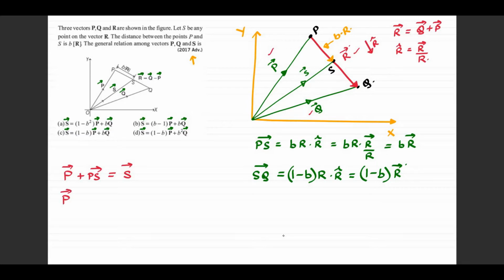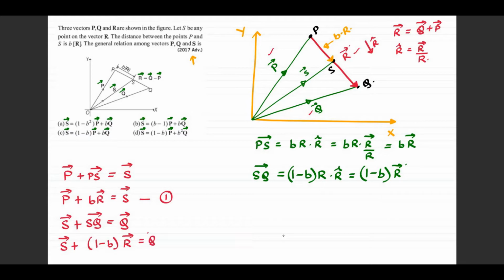So I can write P vector plus BR vector is equal to S vector. This is my first equation. I can also write S vector plus SQ vector is equal to Q vector. So S vector plus 1 minus B into R vector is equal to Q vector.